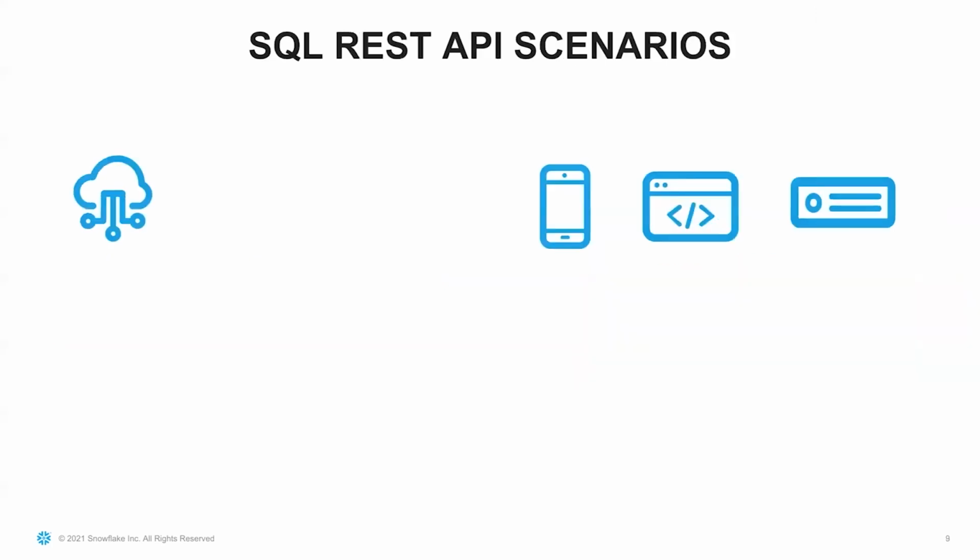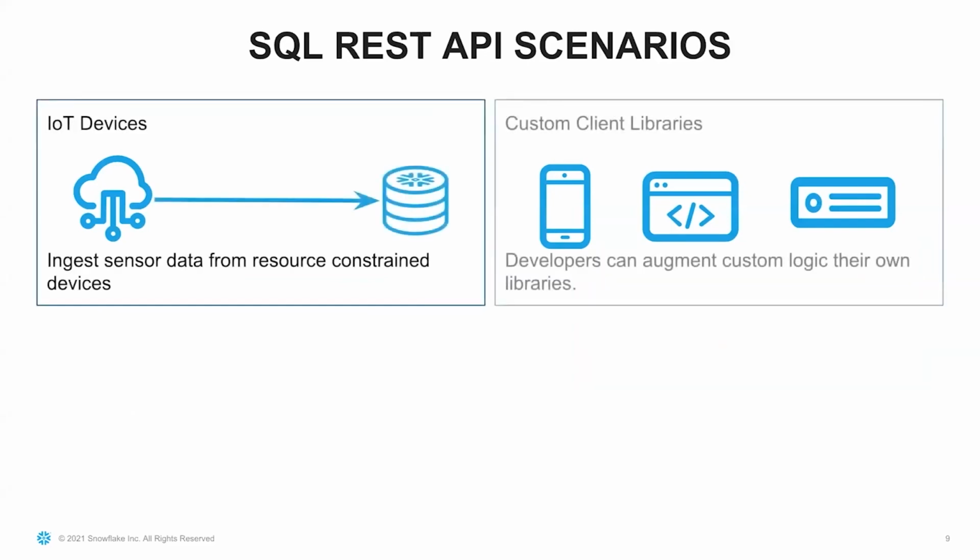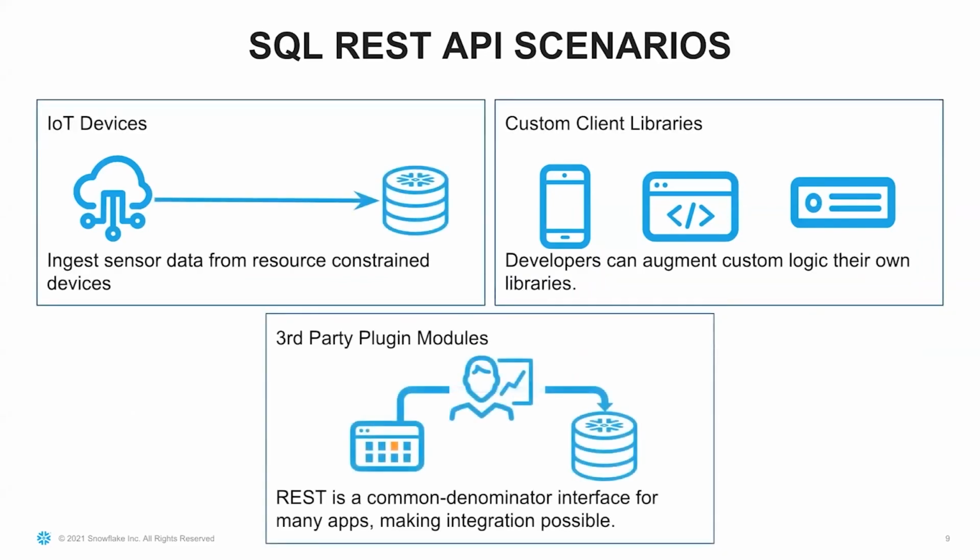Some of the core use cases we've seen customers utilizing this API for are things like IoT devices. An IoT device is many times going to be a very low power, highly constrained device in terms of resources, so low compute and low storage. You need an interface that can work in that kind of environment, and a SQL REST API is great for that.